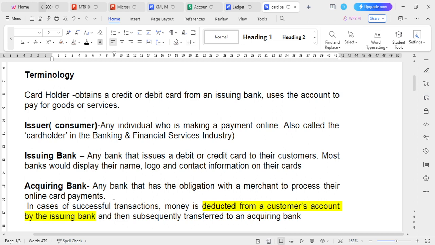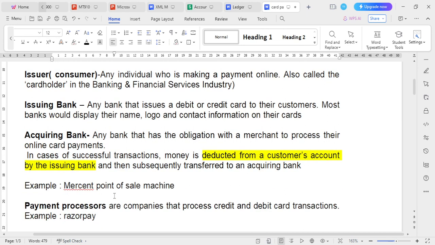Or you enter the details in a website and get the payment gateway. The payment gateway mentions the bank B details. That bank B we call the acquiring bank. Who processes the payment from the issuing bank to the merchant bank? That bank we call the acquiring bank. As already said, the POS machine itself mentions the acquiring bank details.